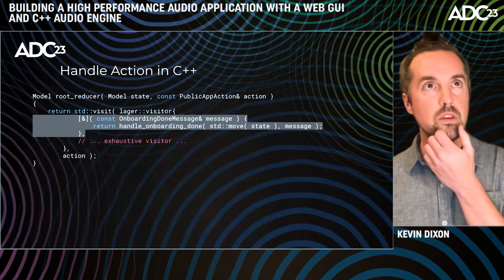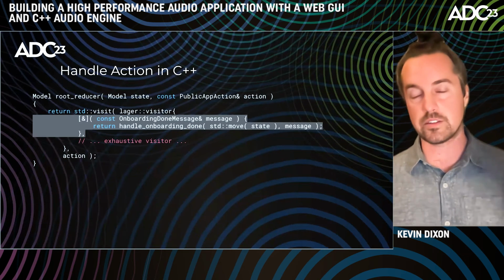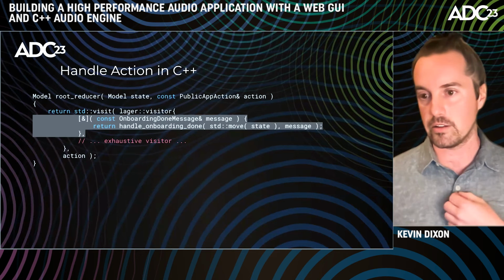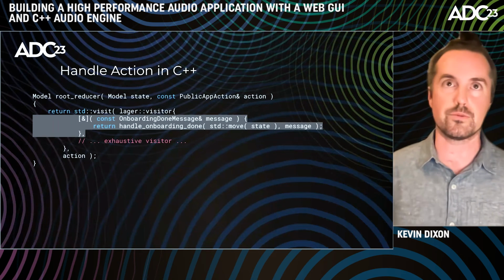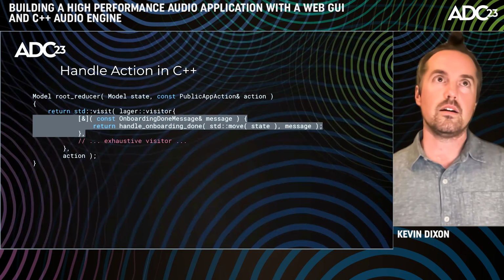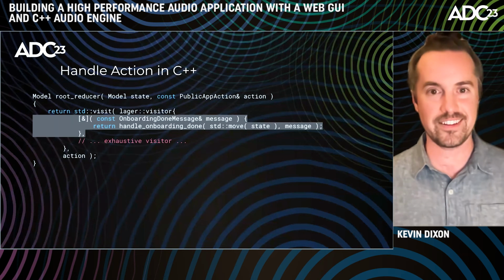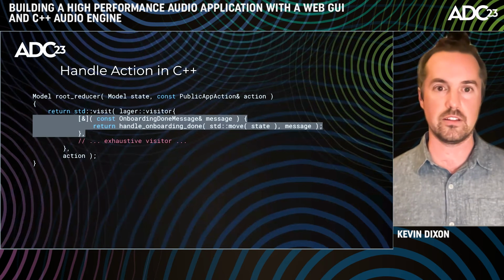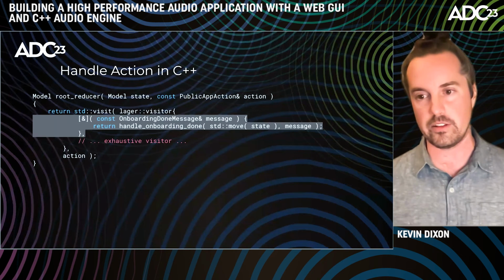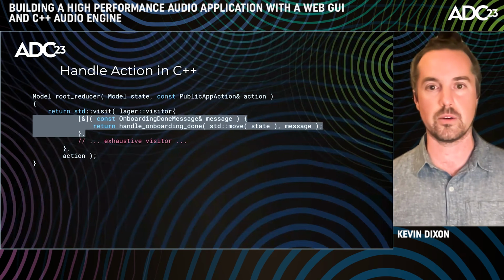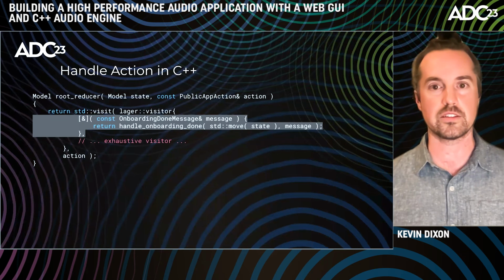Since the Flux pattern is maybe a little less common to C++ engineers, I think it's relatively rare, frankly, we ended up using the Lager library, which we do have a bibliography later if you're interested in seeing some of the tooling that we leveraged for all this.